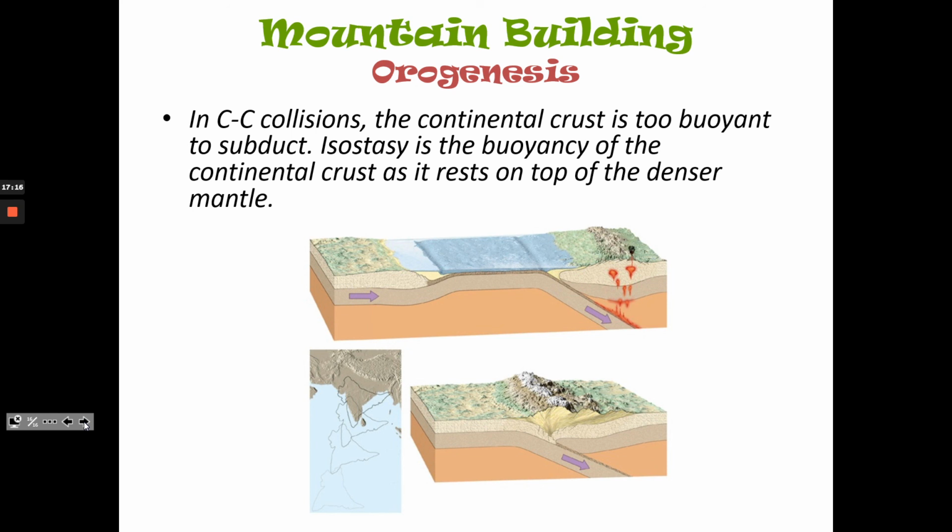It's going to be too buoyant, and because it is too buoyant or not dense enough, we say that it's going to demonstrate what we call isostasy, which basically says that our continental crust won't subduct like oceanic crust does, and it's going to rest on top of the mantle, which happens to be more dense.